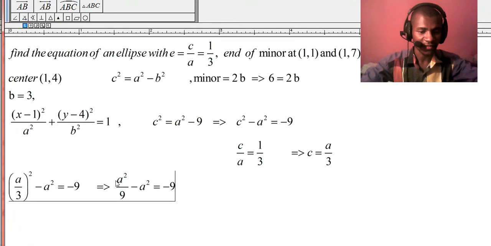Then if we multiply both sides by 9, this 9 will cancel, and here it will be minus 9A squared, and then minus 81.